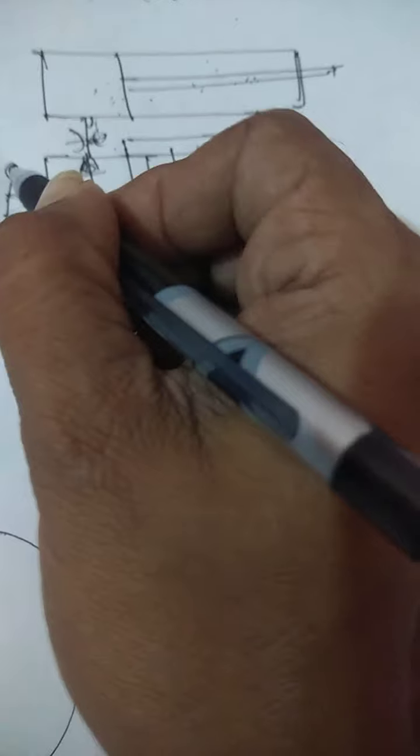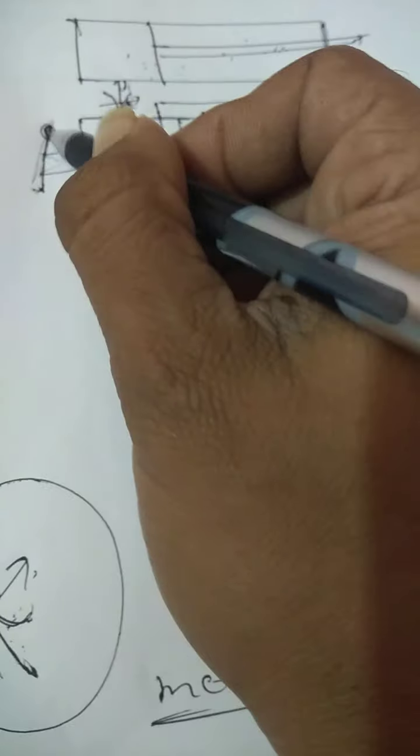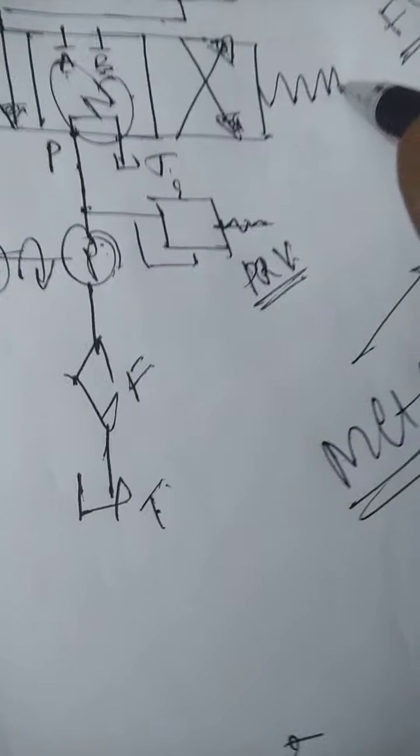This direction control valve can be operated by various actuator devices. Here this is a pedal operated actuator, therefore this symbol is shown, and this symbol means it is solenoid controlled.